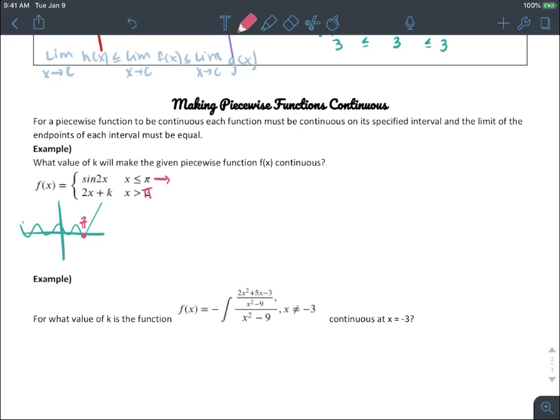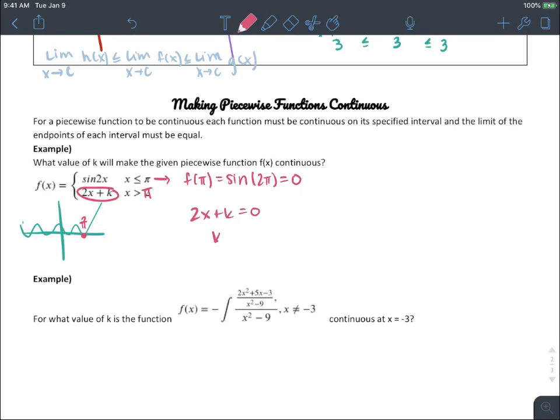Okay, so I'm going to evaluate f of pi, and that's the sine of 2 pi, which is equal to 0. So I want to know, when is this going to equal 0? So I have to plug it into the other equation. So when is 2x plus k going to equal 0?